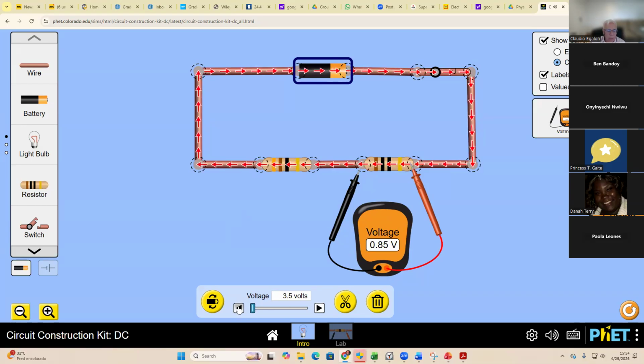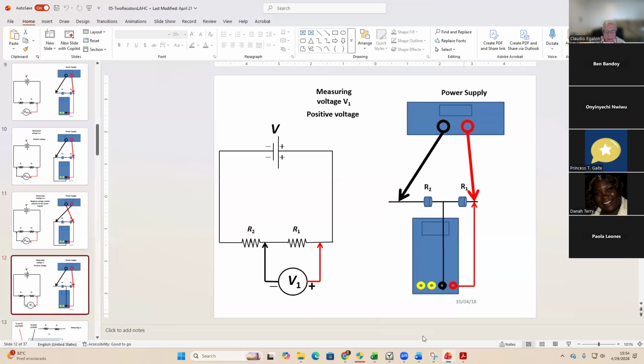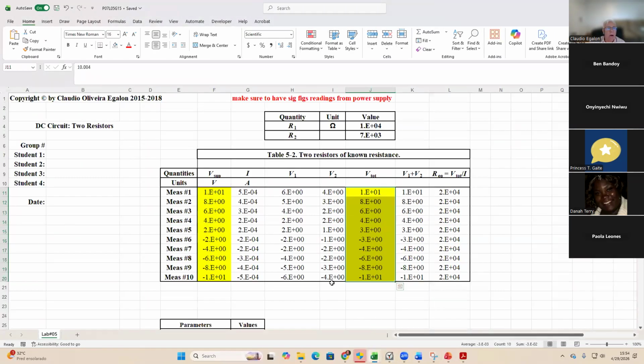And from 4 to 2 point whatever, it should be 2.8, 2.9. Take the voltage measurement. That's exactly what you have right in here.